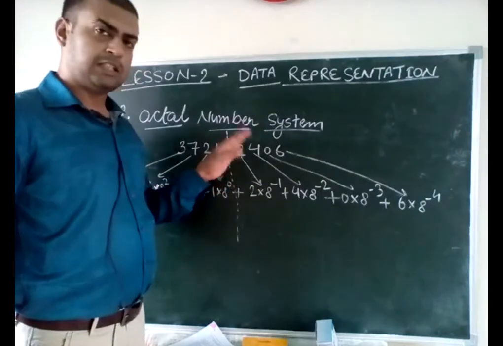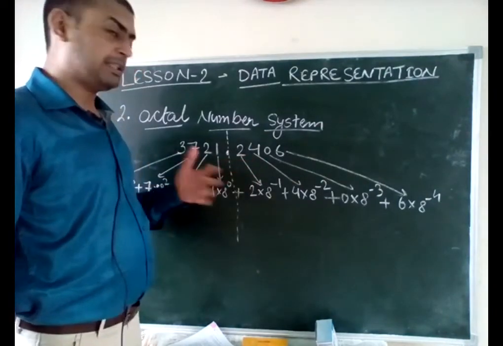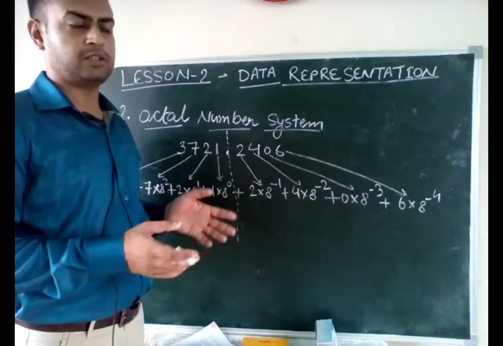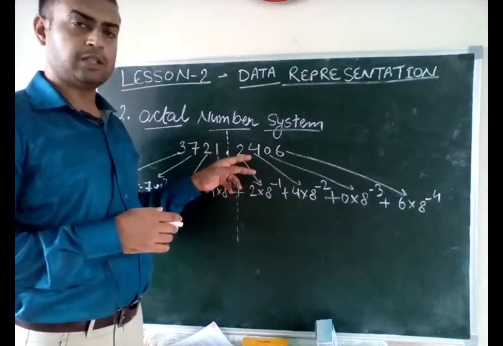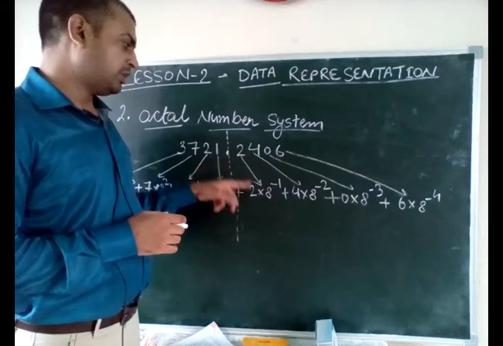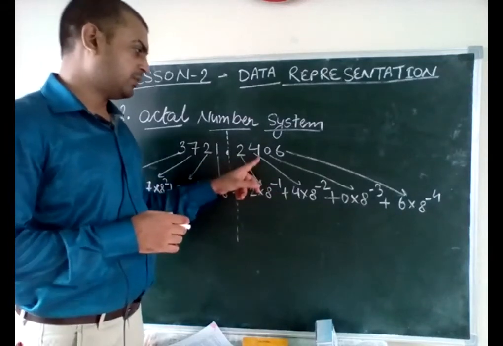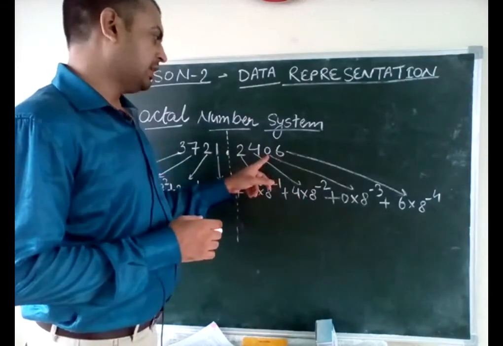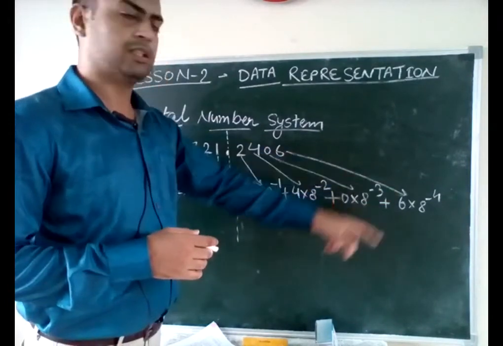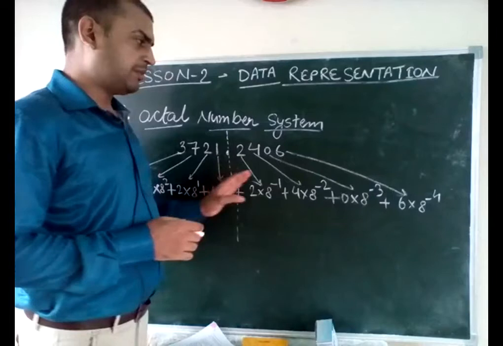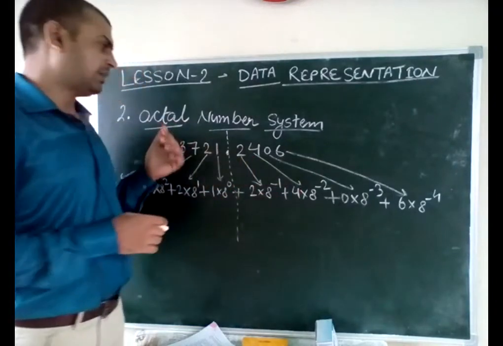Now after the decimal point we start from minus 1. We already did this practice, and many other terms I have shown you: 2 into 8 to the power minus 1, 4 into 8 to the power minus 2, 0 into 8 to the power minus 3 and 6 into 8 to the power minus 4. Like this we will evaluate the octal number system.